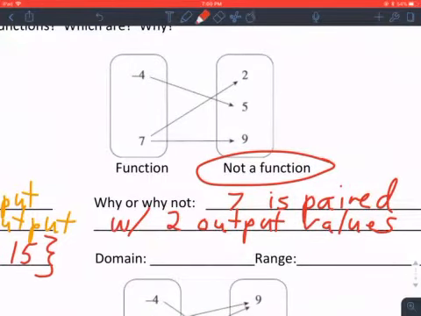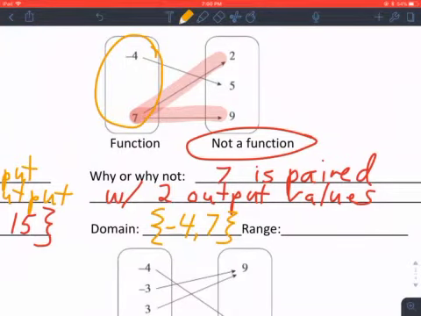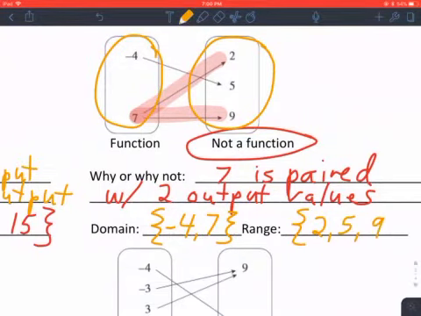A quick way to think about this is if you ever see 2 arrows coming from the same number, you know that this is not a function. Okay, so my domain here is -4 and 7, my x values. And my range is 2, 5, and 9. And I use the set notation brackets.